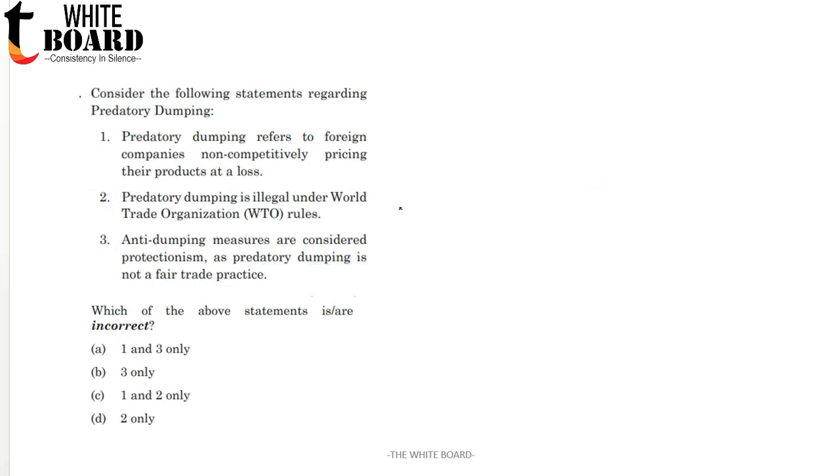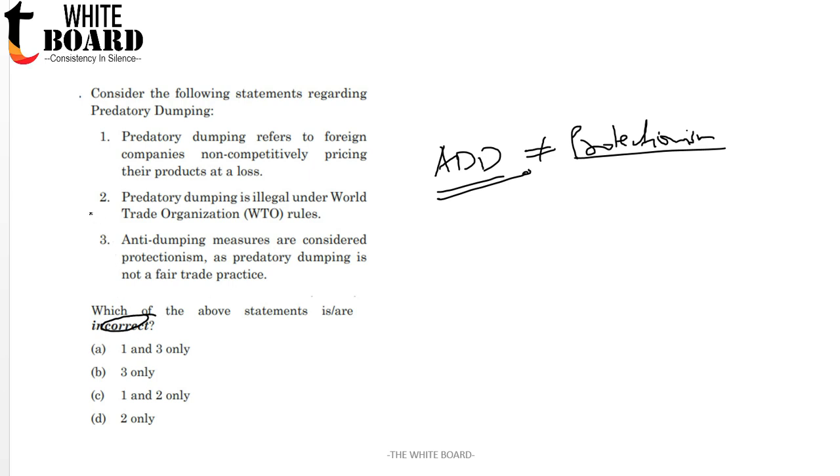So tariff and non-tariff barriers, such kinds of things will come under protectionism. But we are securing our domestic industries by applying anti-dumping duties. So it will not be termed as protectionism. Understood? So we have to mark the statement as incorrect. So this is correct, and this is incorrect.